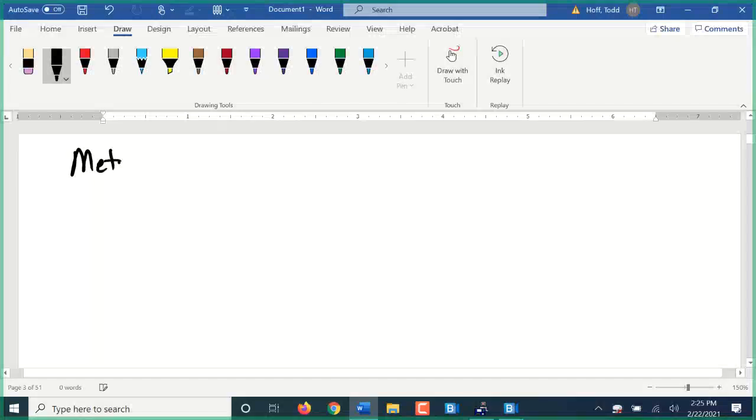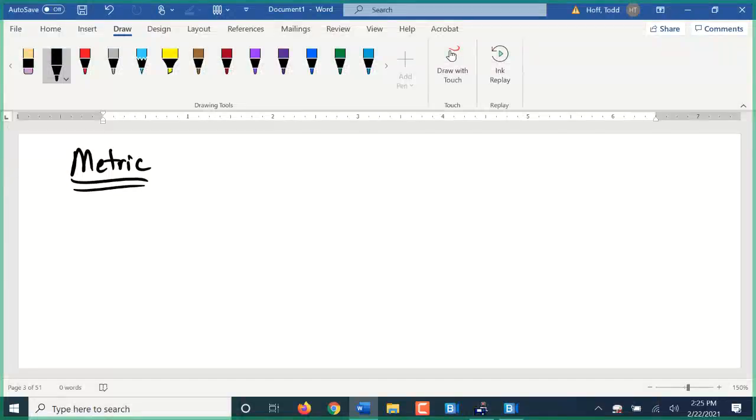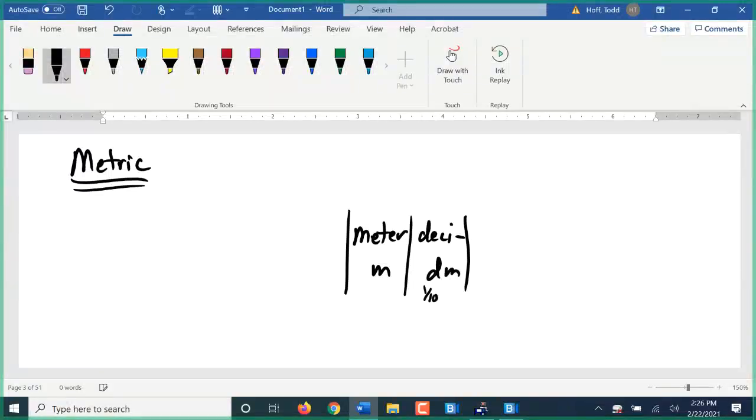Well, let's look at our metric system. If you recall, in our metric system, we had only our 1 unit of length, called the meter. As we went smaller, we had decimeter. Decimeter was 1/10 of a meter. Centimeter, cm, 100th of a meter.